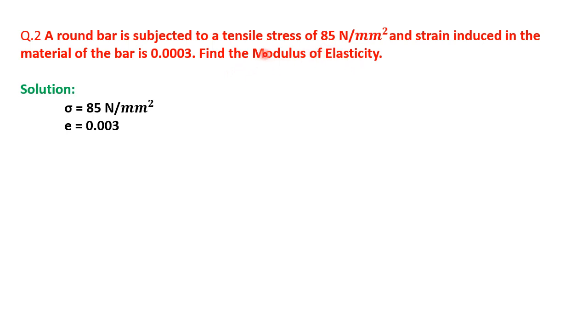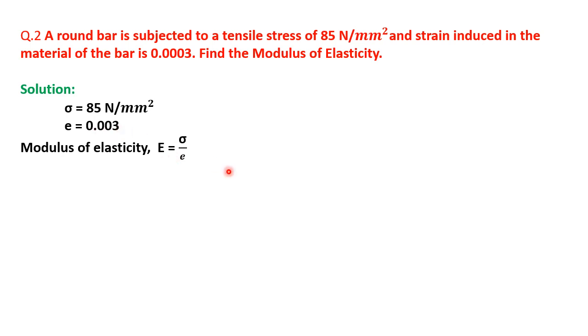Another name of modulus of elasticity is Young's modulus and it is denoted by the term capital E. So we know that the modulus of elasticity is equal to stress upon strain. So this stress is given in the question as well as strain value.